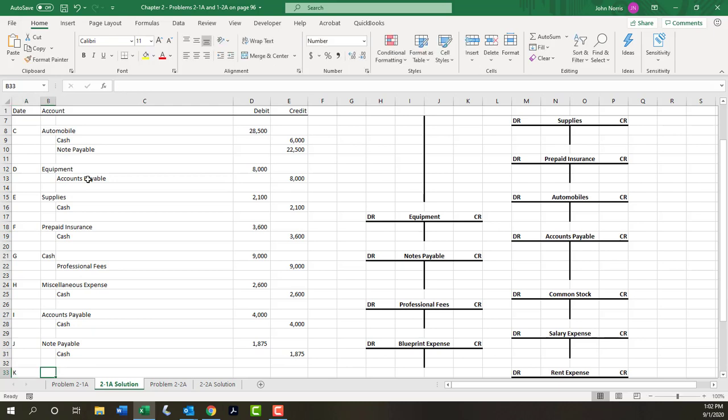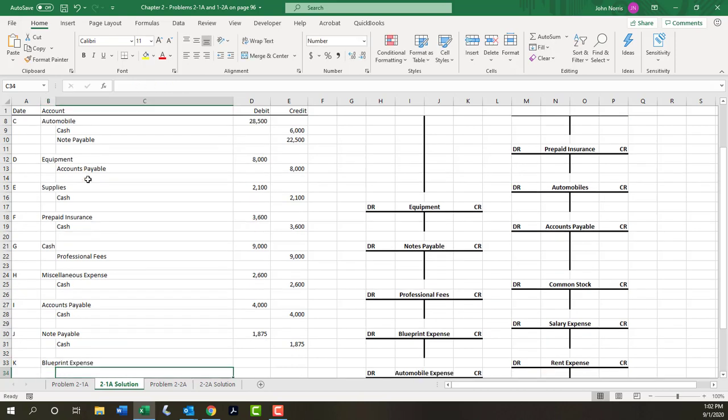K, received an invoice for blueprint services due in February, $5,500. So that's blueprint expense, and it's accounts payable, $5,500.